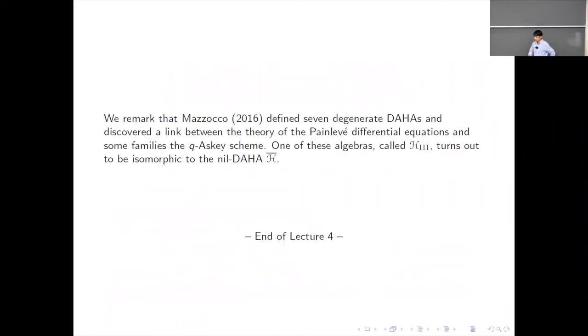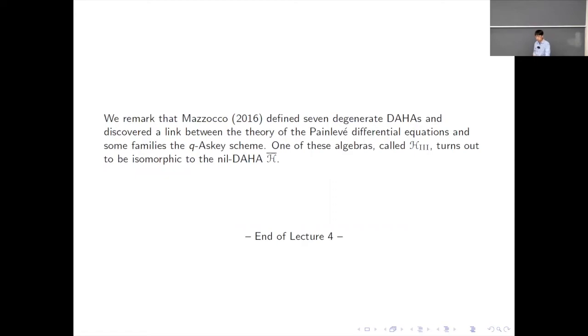In 2016, Mazoka defined the 7 degenerate double affine Hecke algebras, and she discovered the connection between the theory of the Painlevé differential equations and some families of the q-Askey scheme. Among the 7, one algebra called H type 3 is actually isomorphic to the nil-DAHA H bar we discussed today.